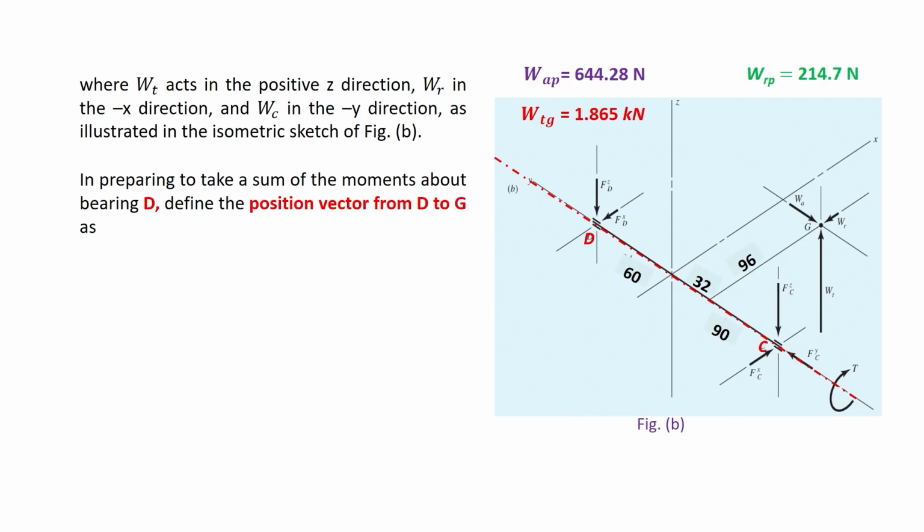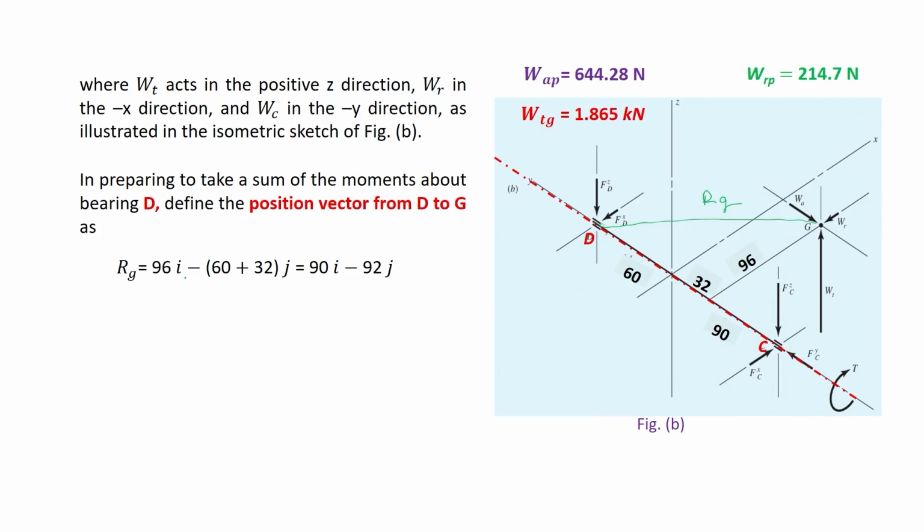In preparing to make a sum of the moments about bearing D, we define the position vector from D to G as Rg. That position vector is given by 96i, because the x direction is this one and the distance from the y axis to the point G is 96 along the positive x direction.